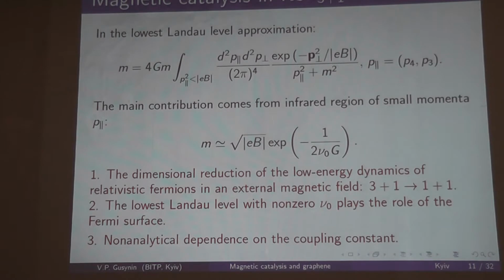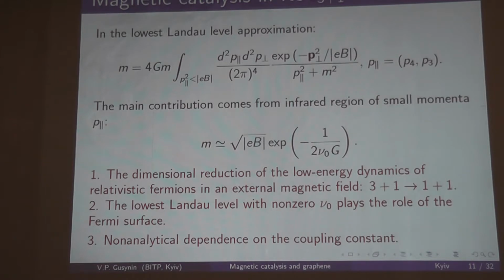It plays the same role as the chemical potential in superconductivity, because in that case you have dimensional reduction to 1 plus 1 dynamics. One is time, and the other one, for example, describes the motion perpendicular to the Fermi surface.